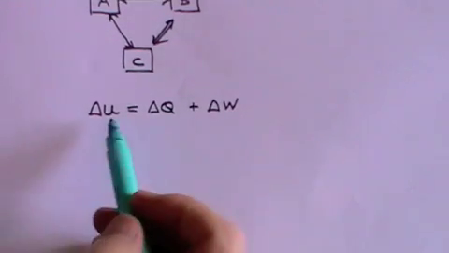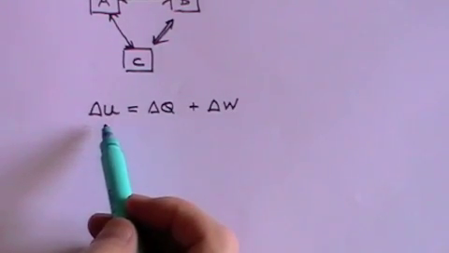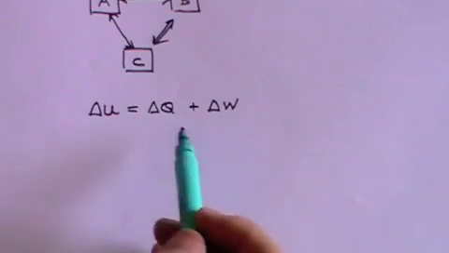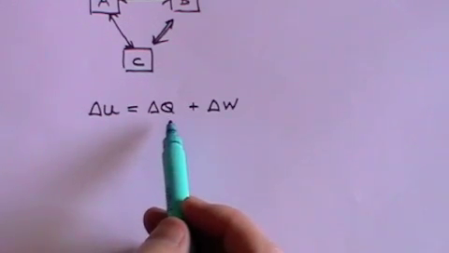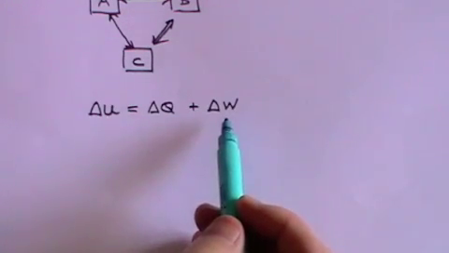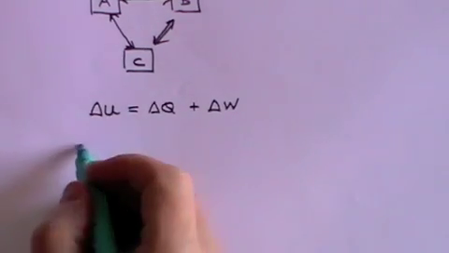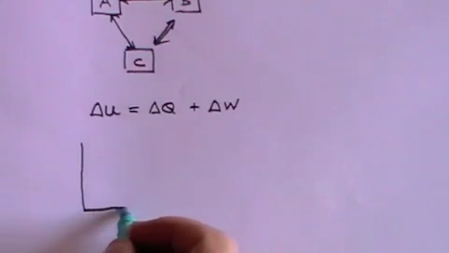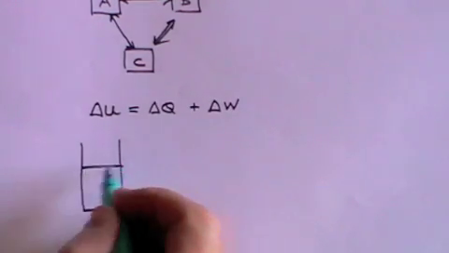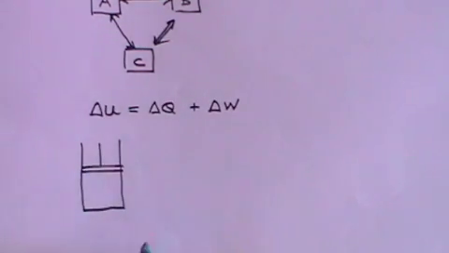So just to recap, delta U is the change in total energy of a system. Delta Q is the change in the heat going into the system, and delta W is the change in work being done to the system. What does this mean? Well, let's take a container into which we will put a piston or a plunger.